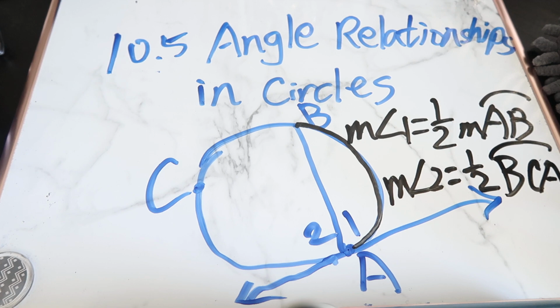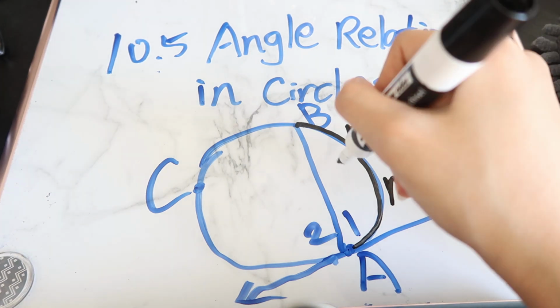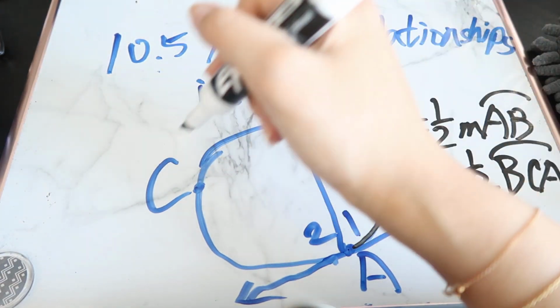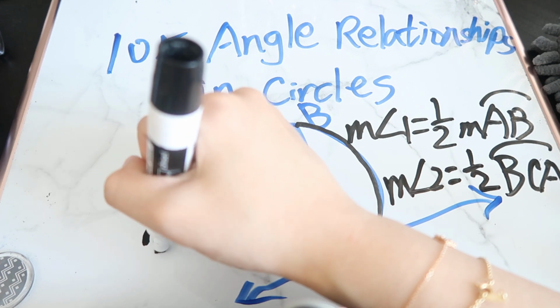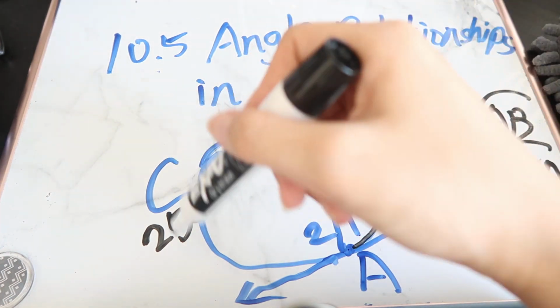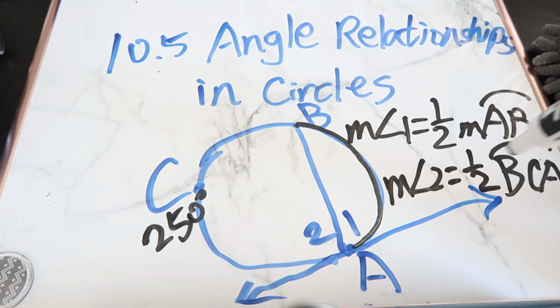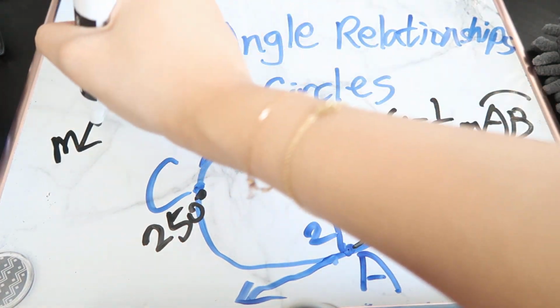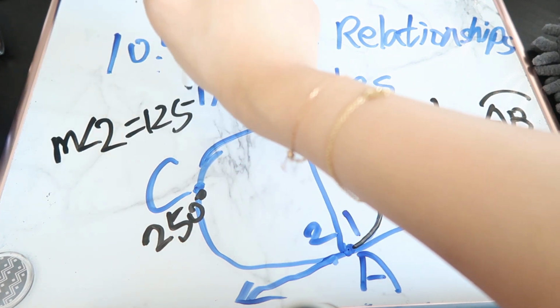And now if we just directly change this theorem into example 1, let's say this larger arc equals 250, and we'll try to find the measure of angle 2. Let's do it first. If this is 250, you see how the angle is half of the arc. So in this case, measure of angle 2 will simply be half of 250, which is 125 degrees.